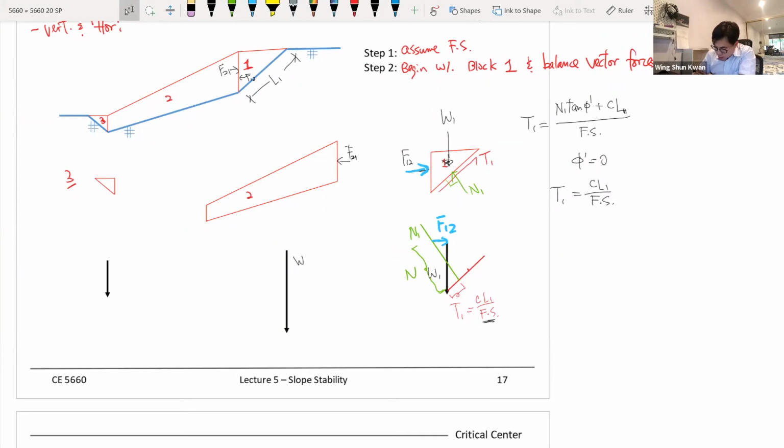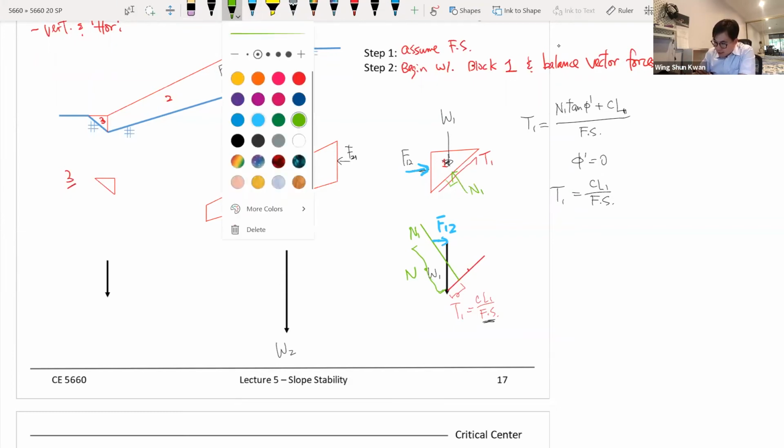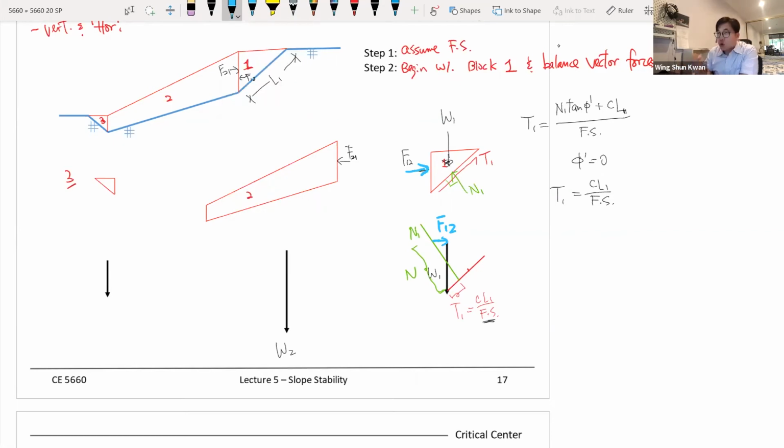W2 is kind of free information. As long as you know the area and the unit weight, you can find out the weight of the block. And now you will know F21. You know the magnitude and the directions, so you can construct F21. So this is F21.